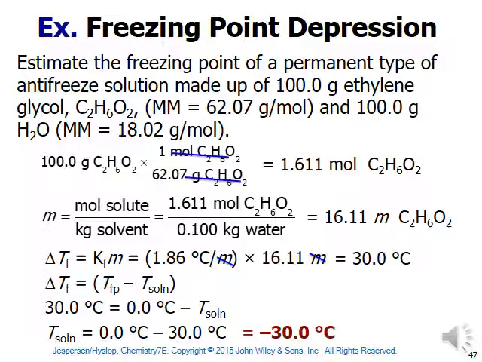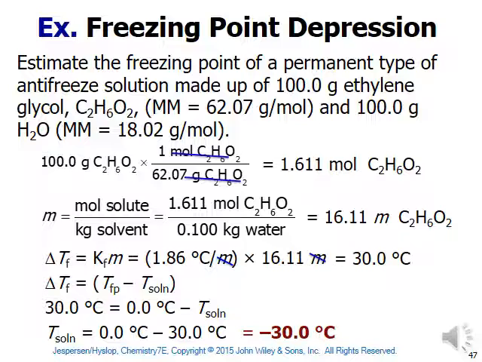Estimate the freezing point of a permanent type of antifreeze solution made up of 100 grams of ethylene glycol, with its molar mass, and 100 grams of water. So what we're doing is dissolving 100 grams of ethylene glycol in 100 grams of water, and seeing what happens to the freezing point of water. First we have to figure out the molality of our solute.